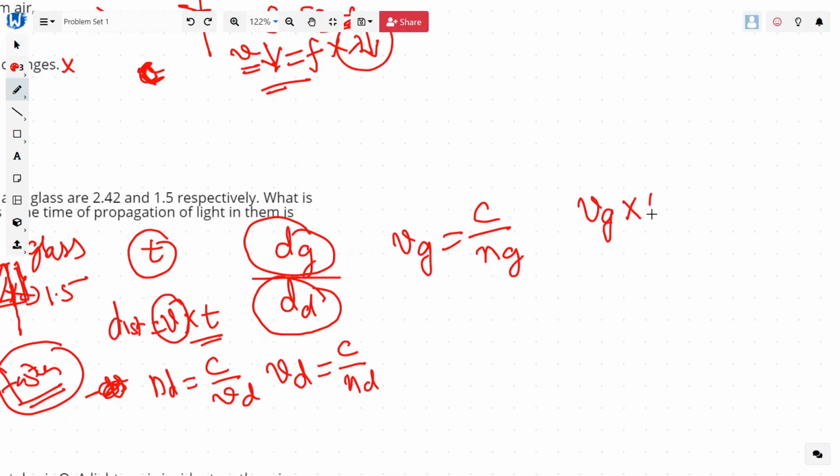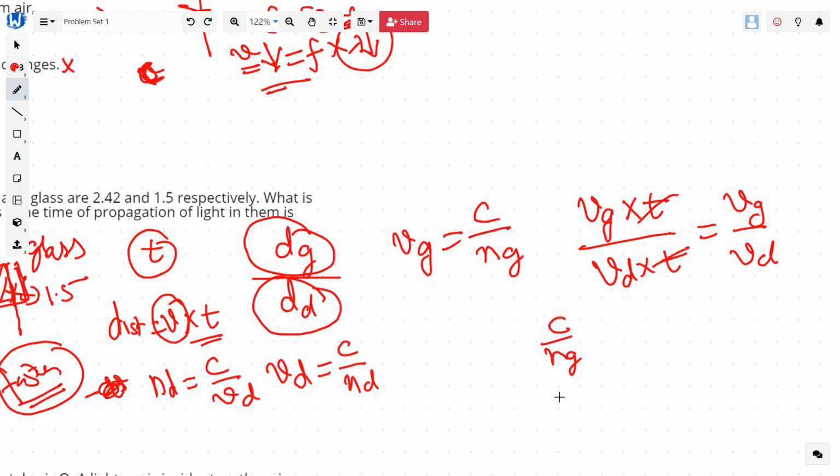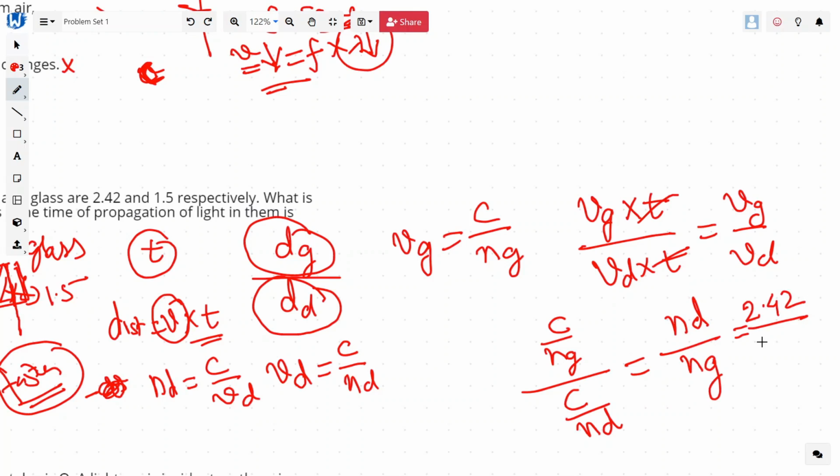This is Vg times the same time t for the glass, divided by velocity of diamond times the same time t, and this is the ratio we want to find. T will cancel out, so it will be Vg by Vd, and Vg is c by ng divided by c by nd, which will be equal to nd divided by ng, and hence we have our answer. Nd is 2.42 divided by 1.5, which is going to be 1.61.